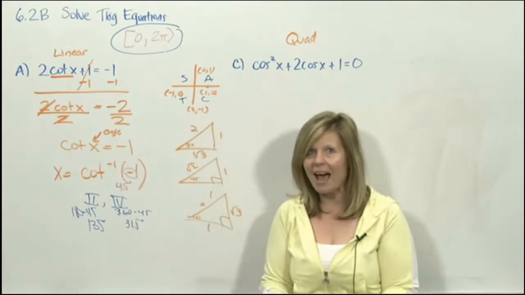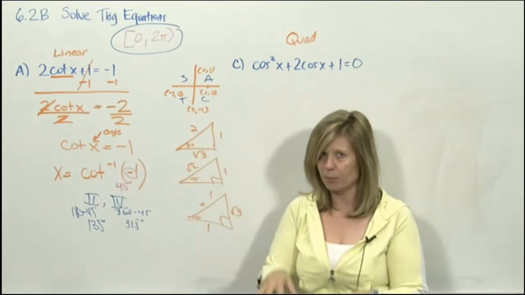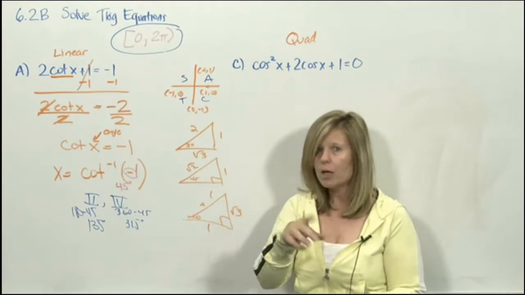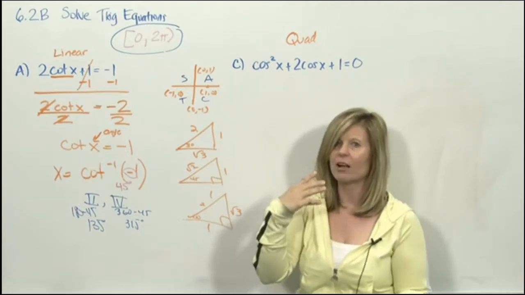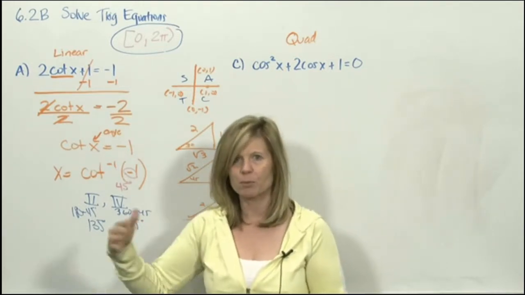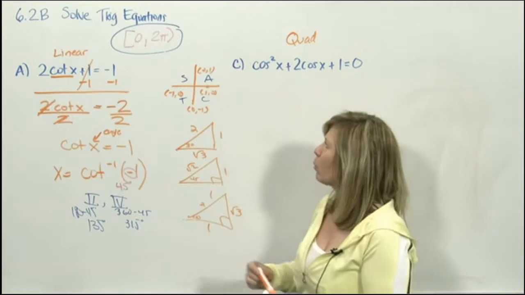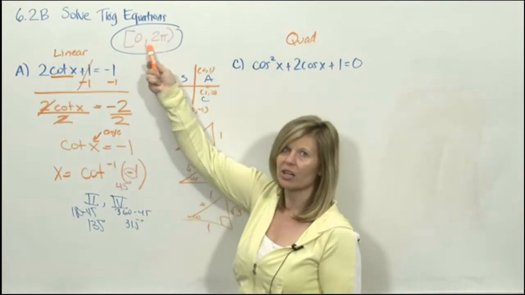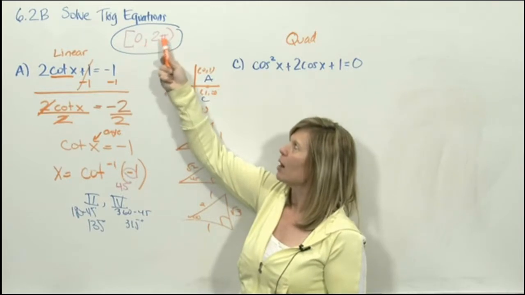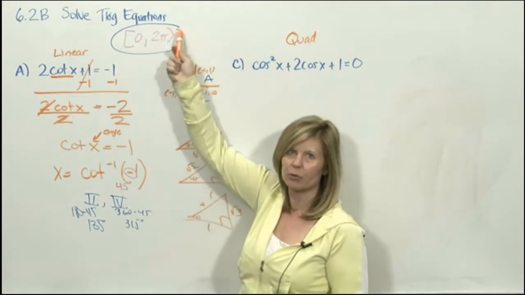So there's the difference between section 6.1 and section 6.2. When we're just evaluating trig inverse expressions, you always give one angle measurement. You know if the number's positive, the angle's always in quadrant 1. If the number's negative, you'd have to look at the principal values. When we're solving equations, they're going to give a condition, a restriction. They want the answers between 0 and 2 pi, which is between 0 and 360.